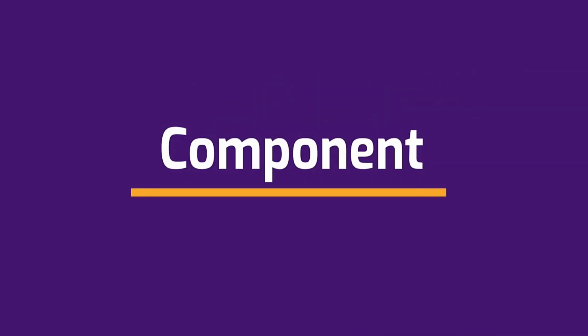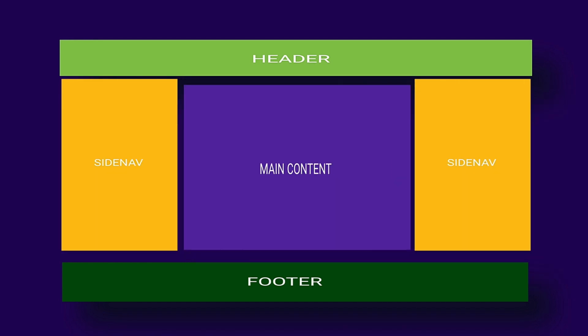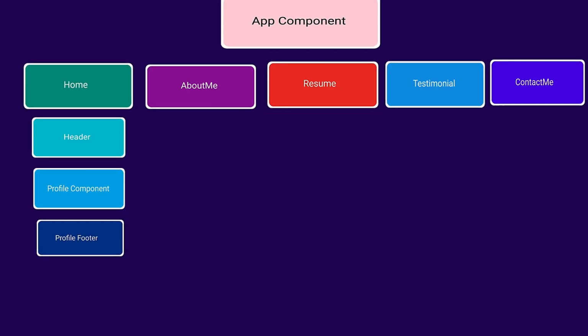Previously, we spoke about components and we learned that components are reusable and can be nested inside another component. And now the question is, how do components translate to code in our application? The simplest way to define a component is to write a simple JavaScript function.